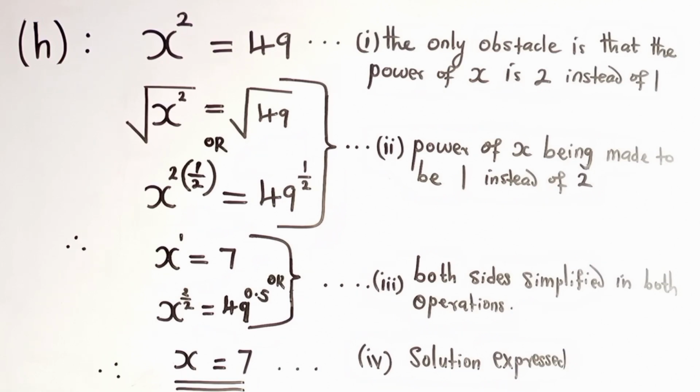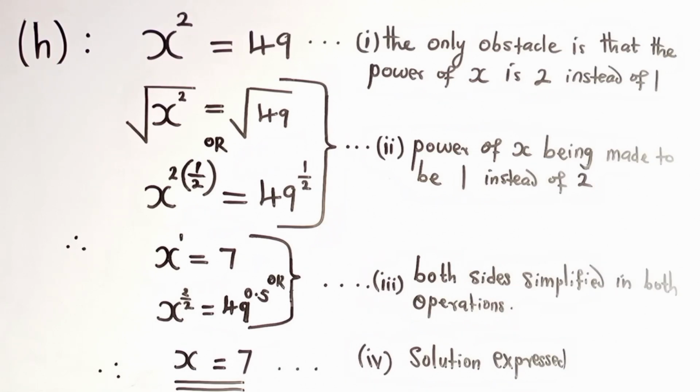Let me try to make you understand the second method. Second method is offered here. Second method of clearing powers is to raise that power to the multiplicative inverse of that power.